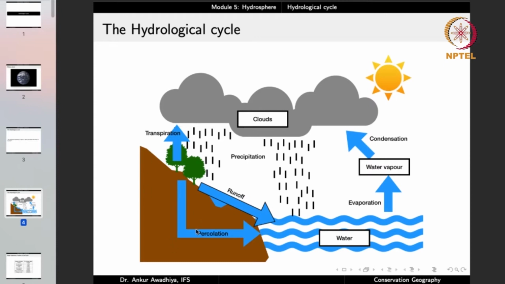Or this water that has entered the ground can come out and join the surface runoff, or it can directly drain into the seas and the oceans. So essentially, if you take water at any point, whether in the clouds or in the oceans, we can look at a complete cycle. Water starts here, it completes a cycle and it comes back here. So this is the hydrological cycle.